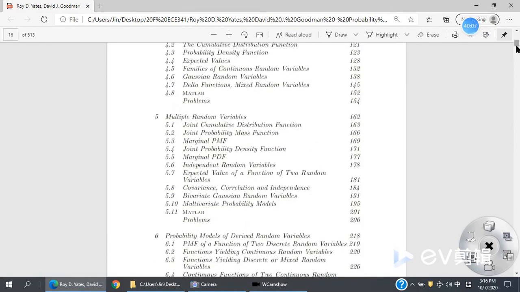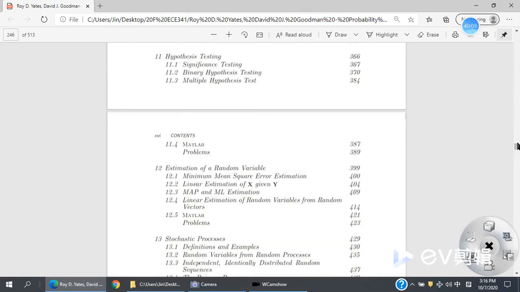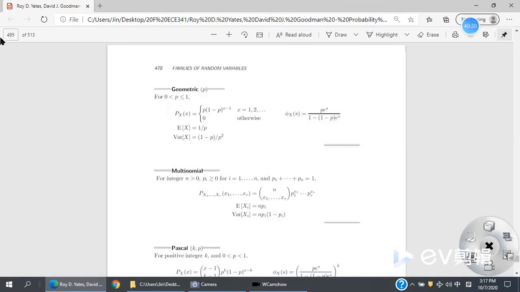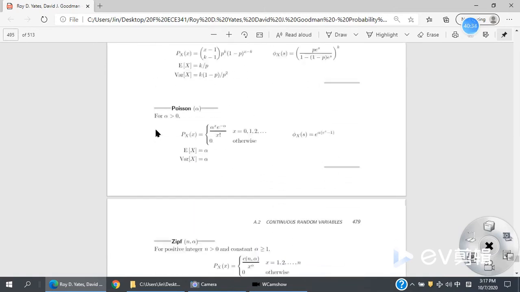And if you don't like reading, you can just search the textbook, like binomial distribution, binomial random variable, binomial PMF. Then we have the Poisson.